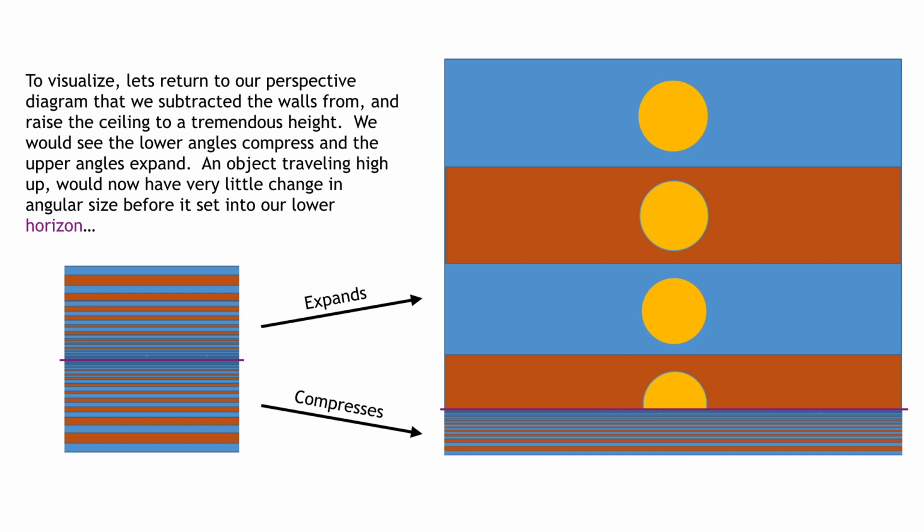So the ceiling is going to expand to that rate, the floor is going to compress to that rate, and an object traveling along a very tall ceiling away from us, if it's of sufficient size to be visualized at that tall height, would have a relatively very little change in angular size, as it would set into that highly compressed lower horizon.